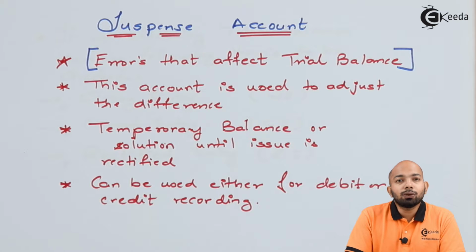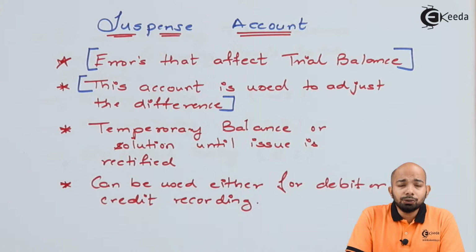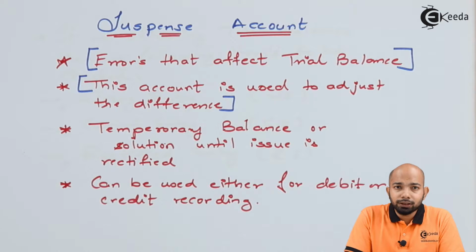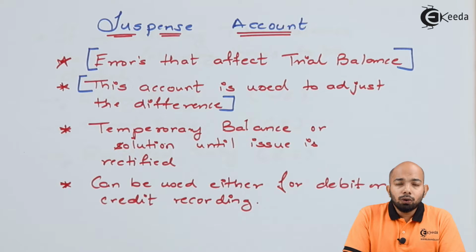Let's go ahead and find out the next point which has been mentioned here. As we have discussed, this account is used to adjust the difference between the debit side or the credit side of the trial balance. Now, this account is just a temporary solution. That's the next point we have mentioned. When we talk about a temporary solution, this is only to make sure that the current difference in the trial balance is complemented or helped out with this account.